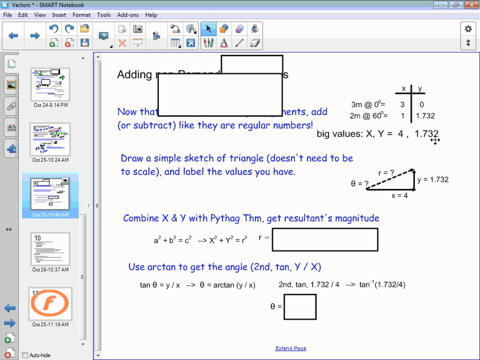What do we get? I just put 4.4. But yes, there was only one significant digit to deal with in the first place, so I'm not being picky. But what about the angle?